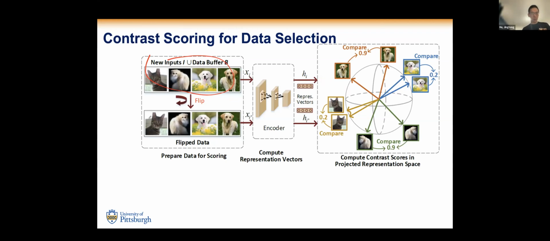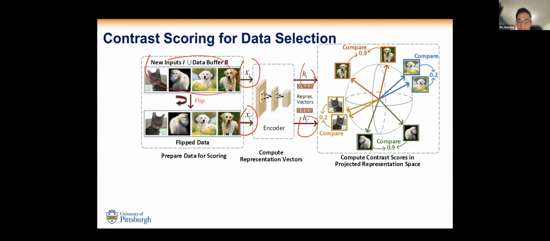You can see that we flipped the orientation of all the images. Then we have two images, x_i and x_i plus, and we feed these two images to the encoder, get their representation vectors, and calculate this contrastive score in the projected representation space.